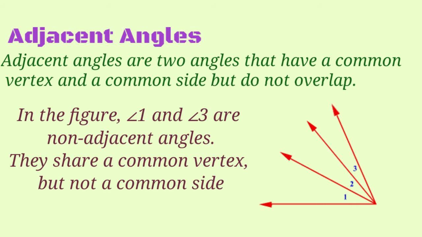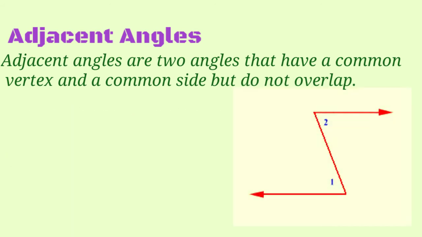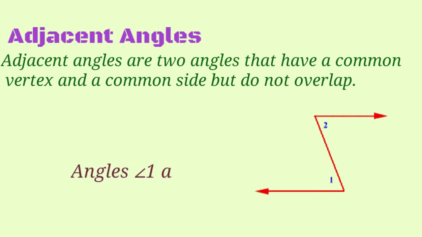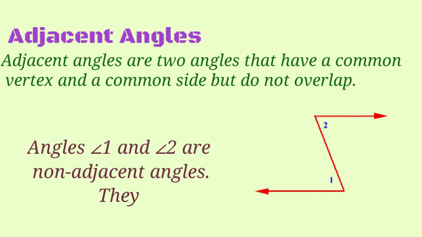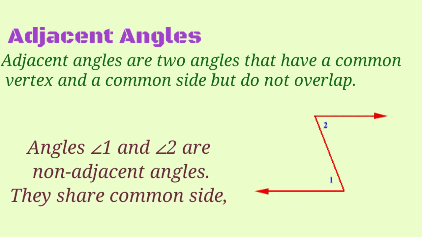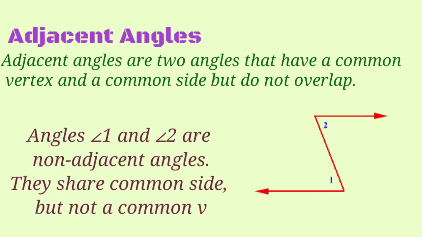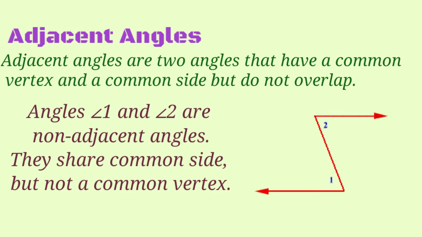You can see they all meet at the same point, but they don't share a common side. Again we will see another figure. In this figure, angle 1 and angle 2 are non-adjacent angles. You can see they have a common side, but they don't share a common vertex.